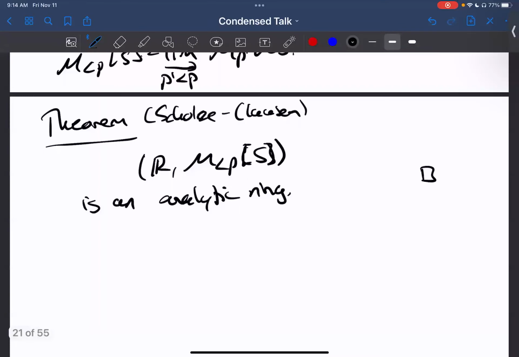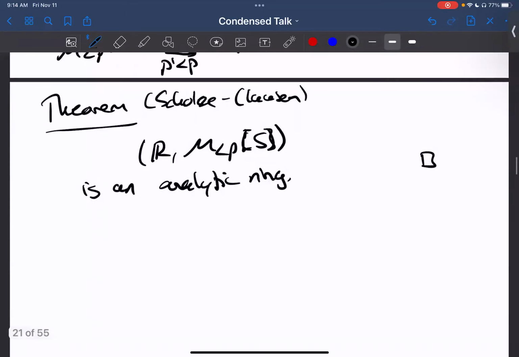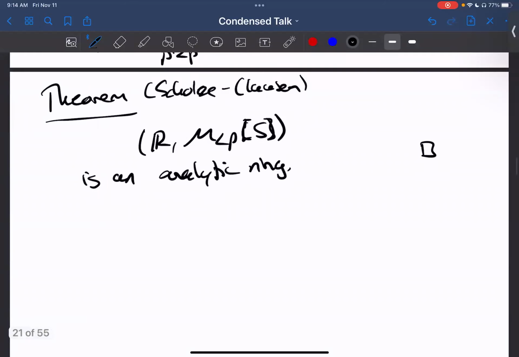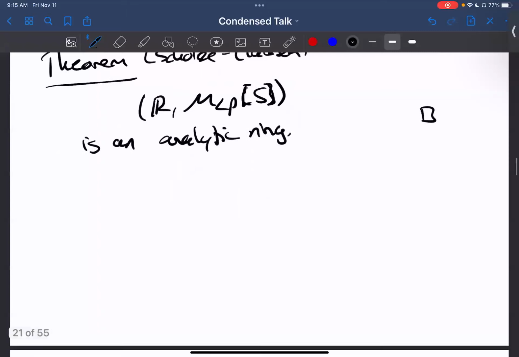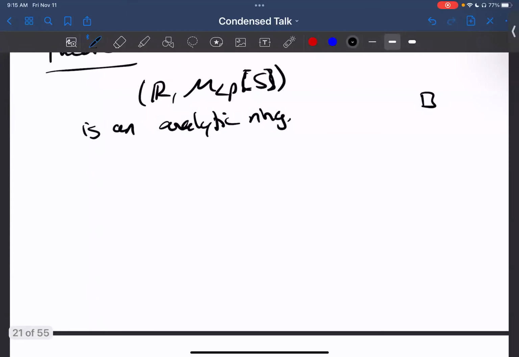This is a long proof. If you've heard of the liquid tensor experiment, they spent over a year, I believe, formalizing this proof. The Lean people did. And so this has been completely formalized and checked. It's probably 30 to 40 pages of analytic.pdf that this takes up. It's hard. So it might be worth skipping it on the first reading.